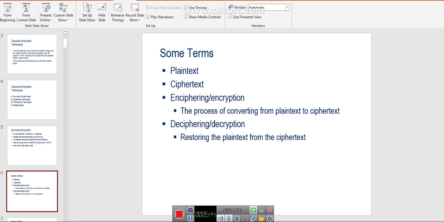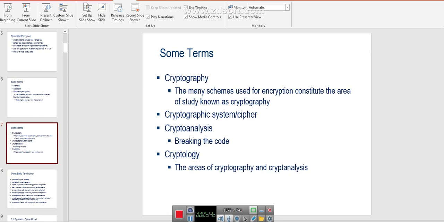Some of the terms that we're going to define is cryptography. In cryptography, there are many schemes or ways that are used for encryption. The study of those schemes that are used for encryption constitutes the area known as cryptography.